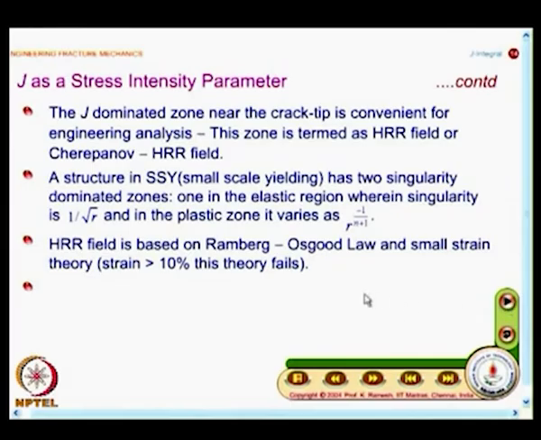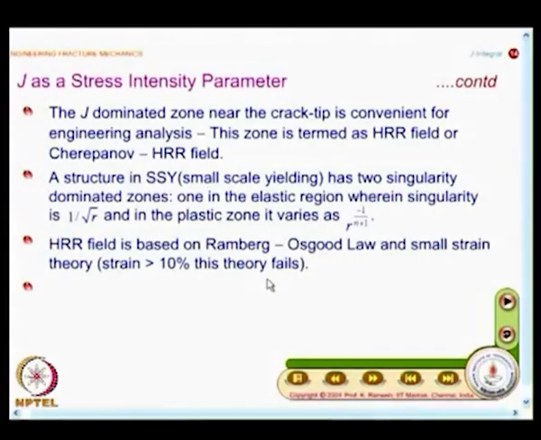I had mentioned that they had taken a constitutive model to represent the plastic behavior, and the HRR field is based on the Ramberg-Osgood law and small strain theory. For strain greater than 10%, this theory fails. You have to keep in mind that when you have 0.2% strain, the material has yielded.